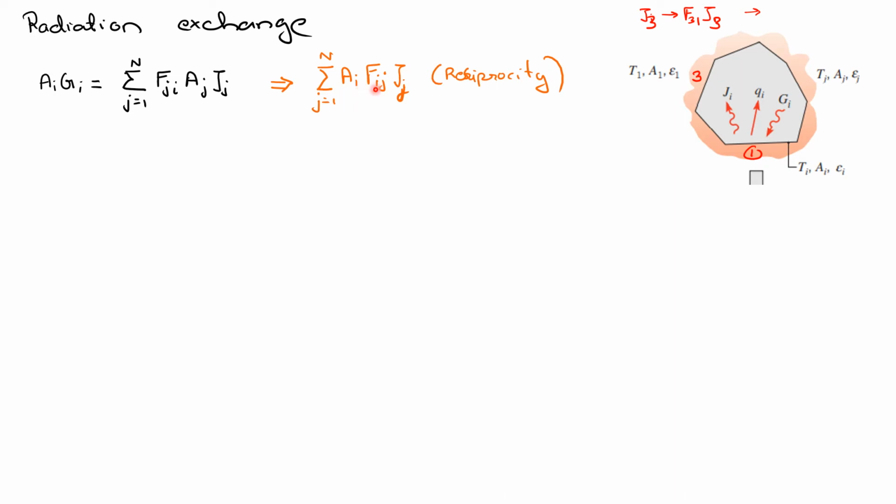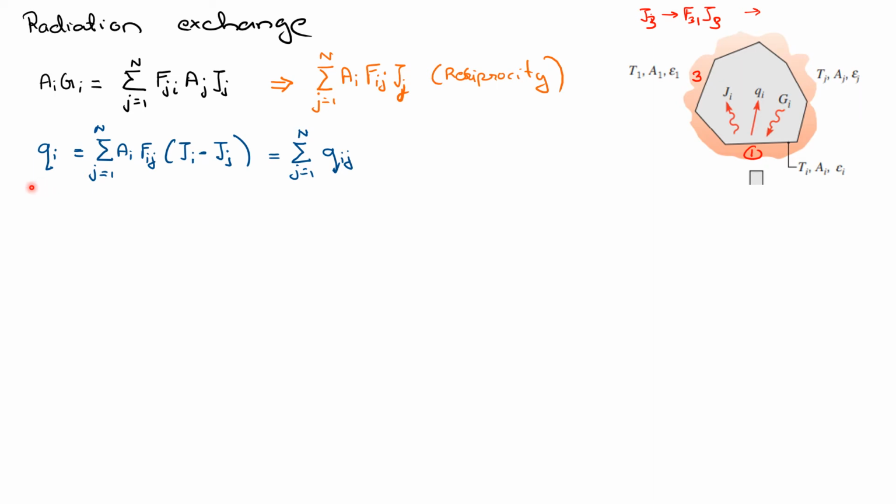We can write this for surface 4, 5, 6, 7, and n number of surfaces. So whatever falls onto surface i is nothing but the summation of radiation that leaves all the other surfaces in the enclosure times the view factor.